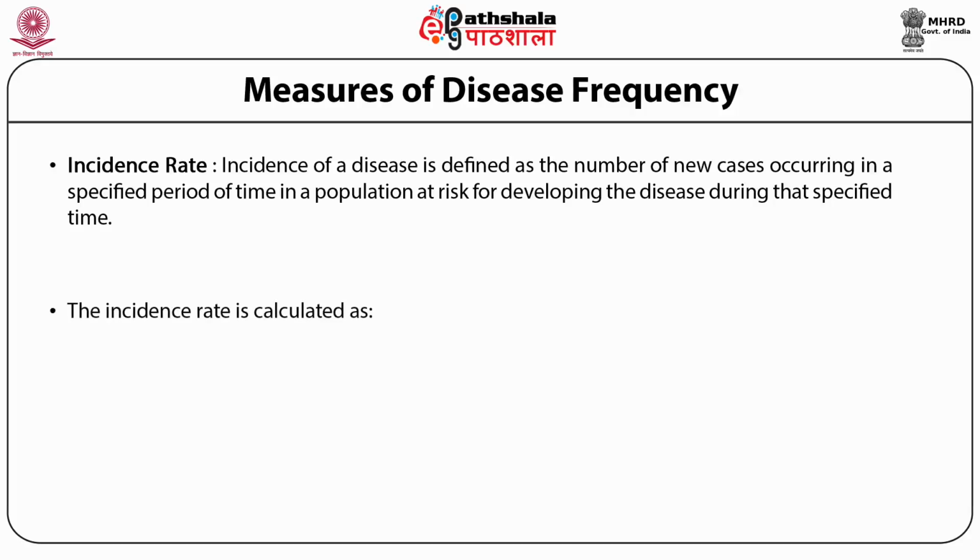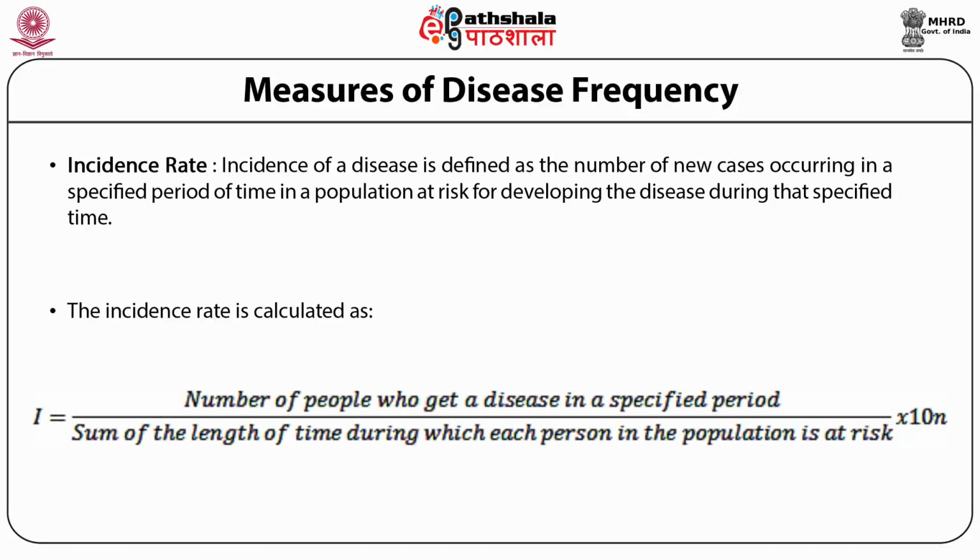The incidence rate, we can calculate it with the help of a formula where I is the symbol for incidence and it is equal to the number of people who get a disease in a specified period divided by the sum of length of time during which each person in that population is at risk, multiplied by 10 to the power n.